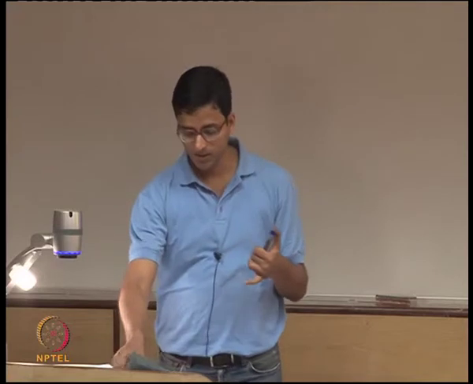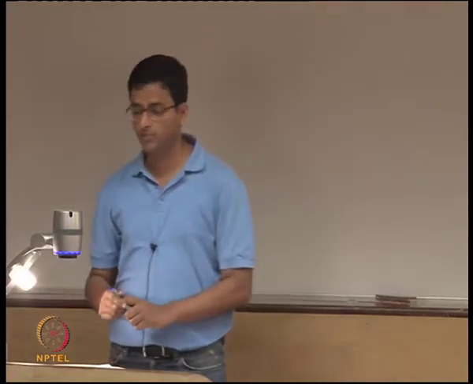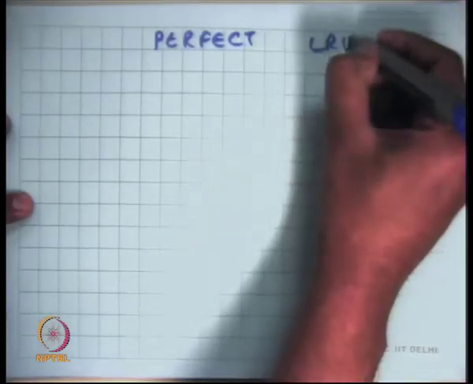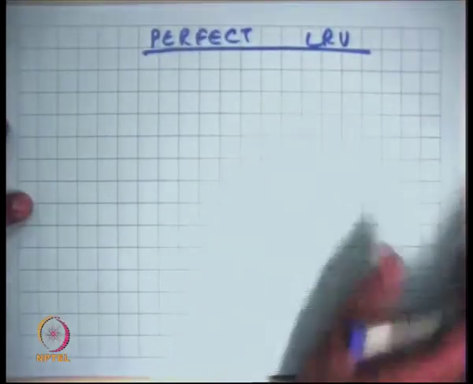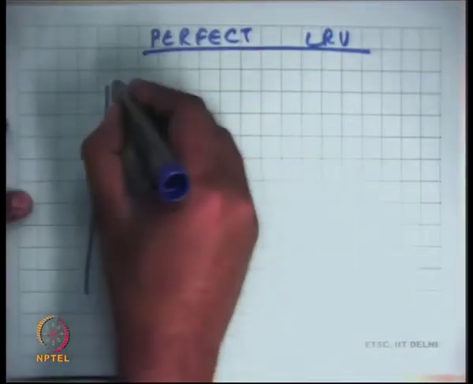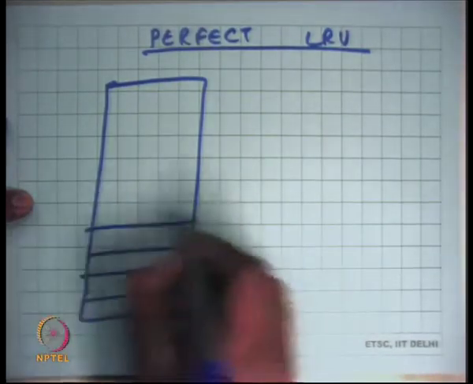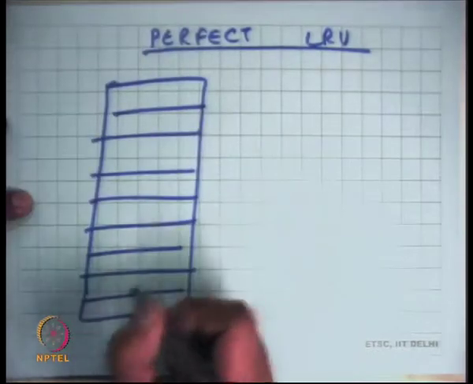Okay, so we looked at how random is implemented, we looked at how FIFO is implemented. Clearly you cannot implement min, it's a completely impractical algorithm, but you can implement LRU, and let's look at what it takes to implement LRU, all right. So one way of implementing perfect LRU is that, let's say you have a page table or virtual memory space, whatever you want to call it, and these are the pages.